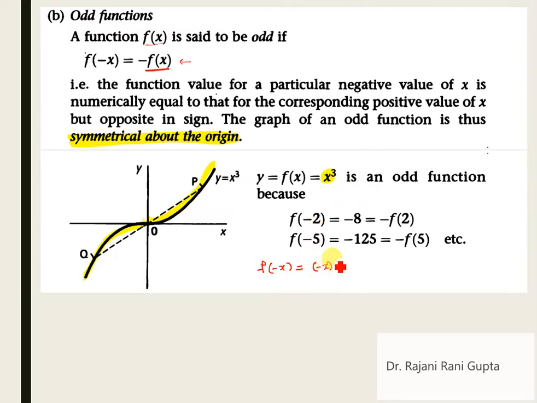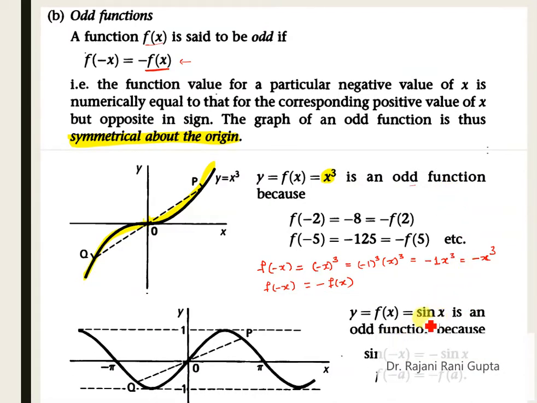Minus x to the power 3 is the same as minus 1 to the power 3 times x to the power 3. Now the minus sign three times gives you minus 1, so that is minus x to the power 3, and x to the power 3 is positive, which is the function f of x. So we say that f of minus x is minus of f of x. That's why this is an odd function.